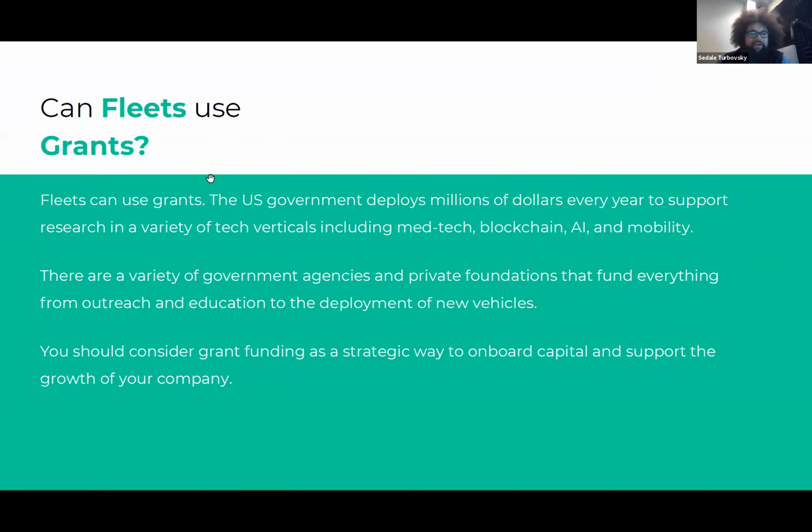So that's my spiel on what grants are. Of course, fleets can use grants, and I'm going to get into a lot of that in a minute. But just throwing that out there, some people think that grants aren't available for fleets, or they think that there's not enough grant funding. But we've worked on projects that are as small as 100 grand and as big as 20 or 90 million dollars, I think is the biggest one that I've had the pleasure of touching.